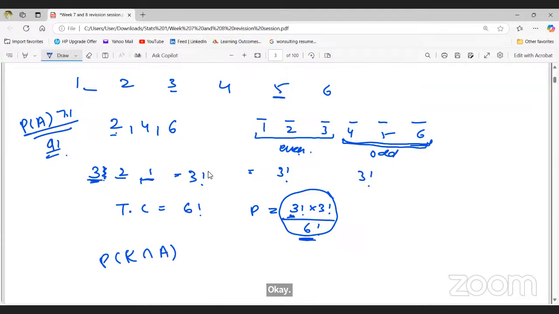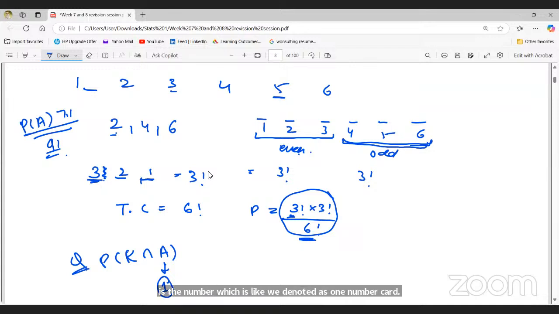This is the thing that we have to calculate. Ma'am, here what is A's? A's is the ace, the number card which we denote as one. In Hindi you call it Ikka.